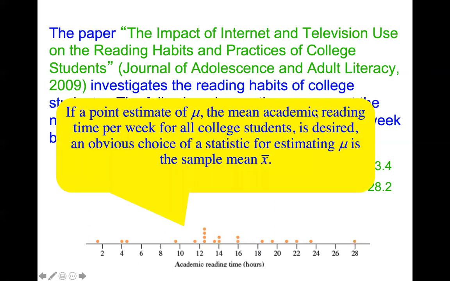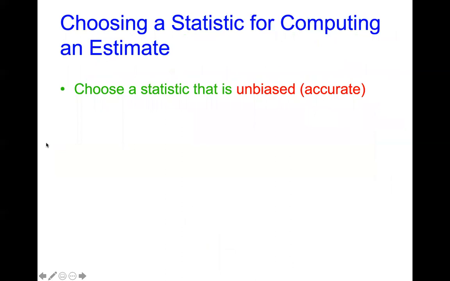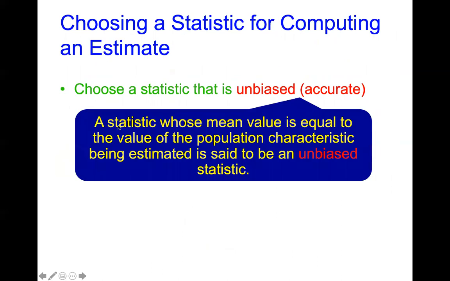Cool. All right, so just to give you a little insight into the thought process of what makes a good point estimate. The first thing we want to do is to choose a statistic that is unbiased. And unbiased just means accurate. A statistic whose mean value is equal to the population parameter is said to be unbiased.